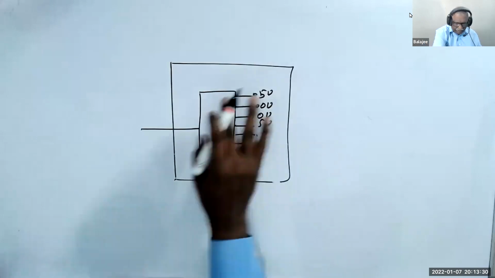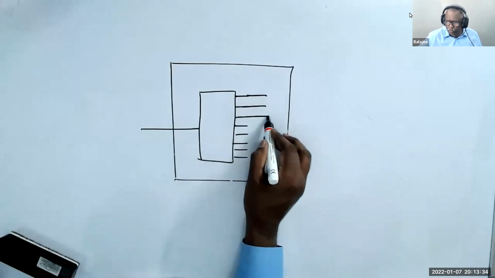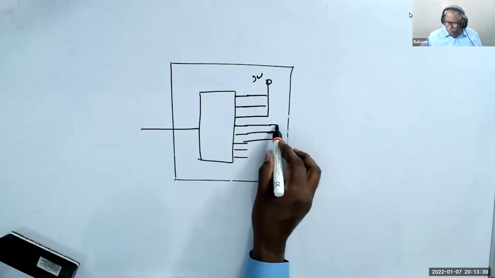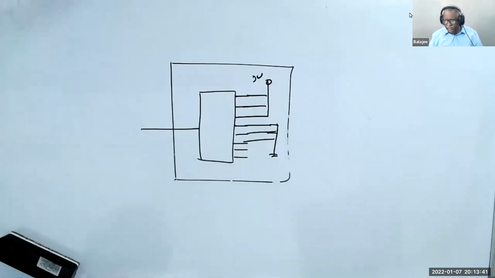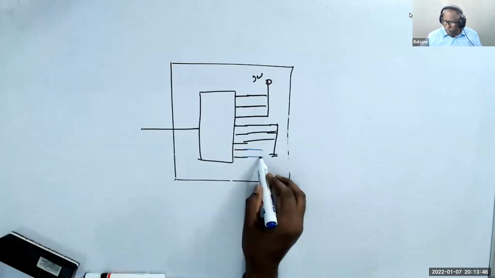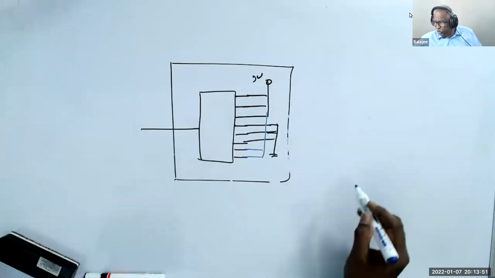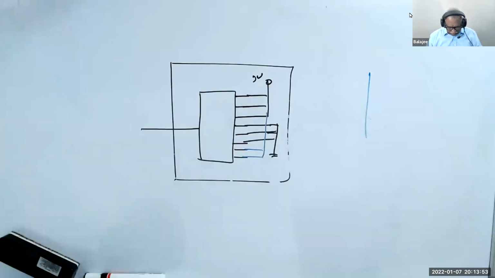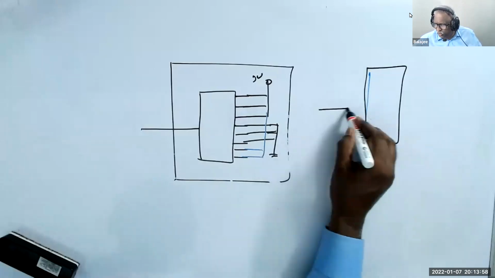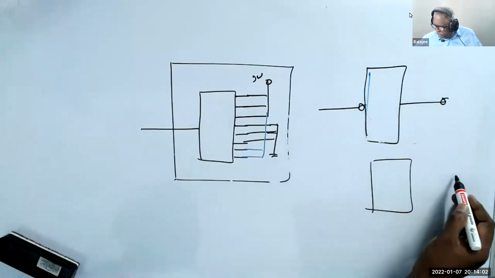That means I connect these pins of the IC: 8 pins to 5 volt, these 3 pins I connect to ground, and once again these 2 pins I connect to 5 volt. So now what happened? I told you there are 2 types. One is whatever I give, it will go out. The other one is whatever is coming, it will come inside.